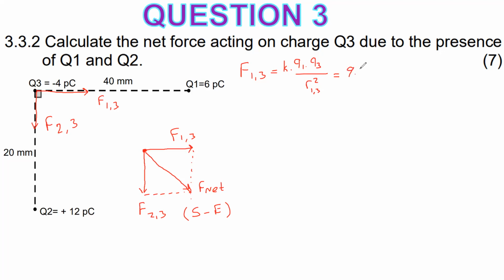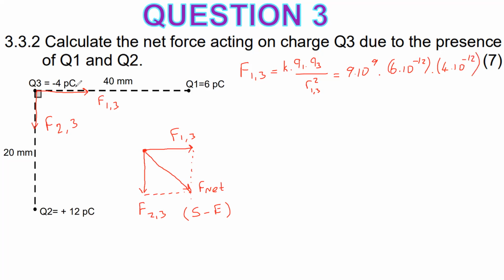K is equal to 9 times 10 to the power of 9, positive 9, we know that. And Q1 is equal to 6 times 10 to the power of -12 because it is pico. Coulomb. You must convert to Coulomb. And what is Q3? Negative 4, but we are not using negative or positive. Negative and positive are just helping you to show the direction. So we are using only 4 times 10 to the power of negative 12 also.